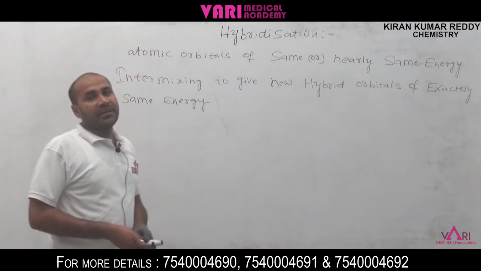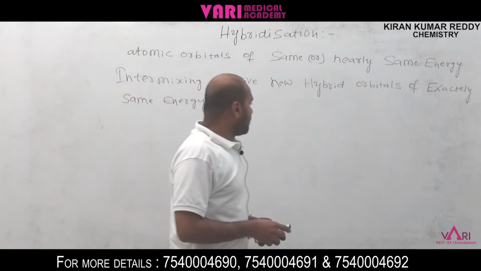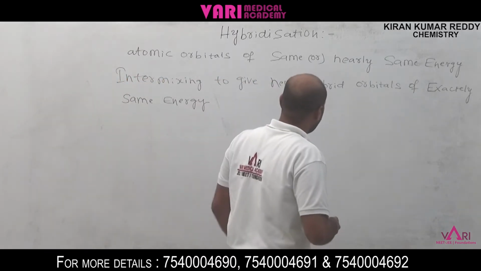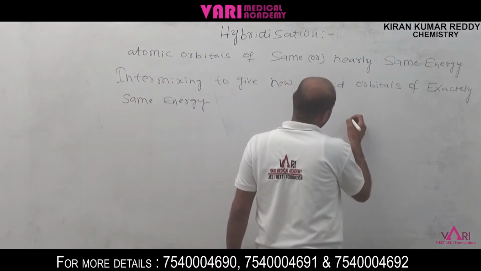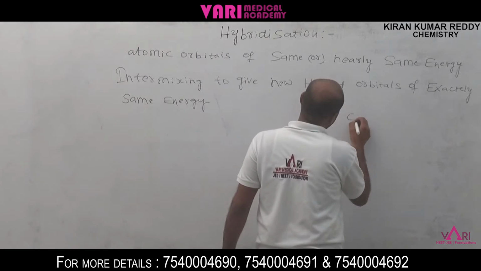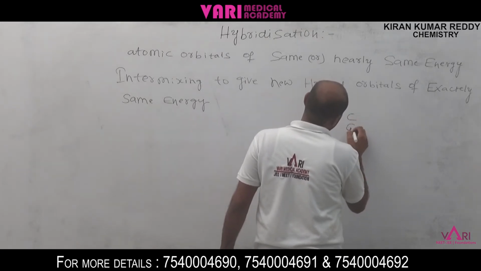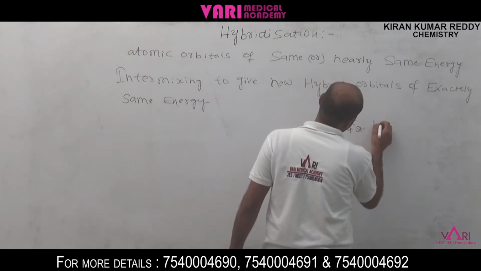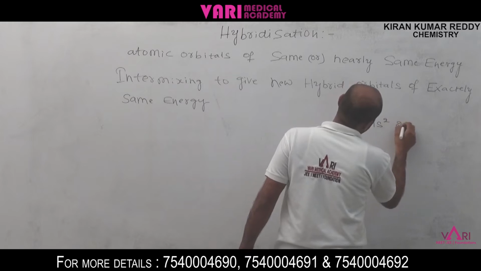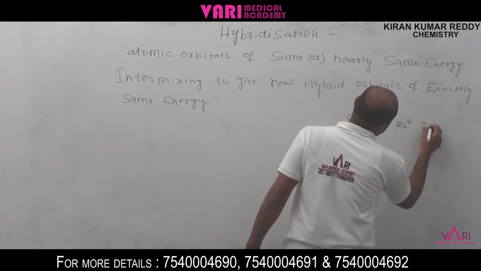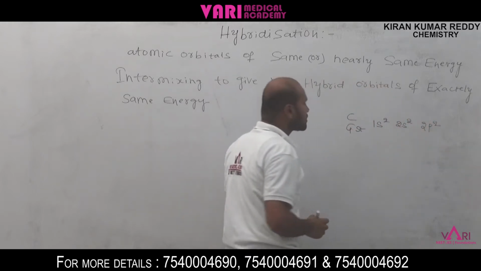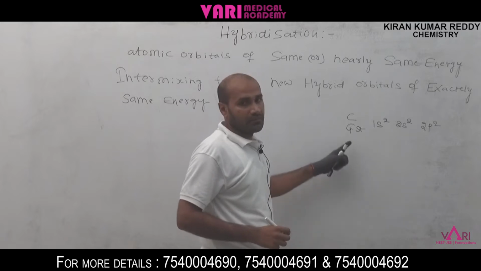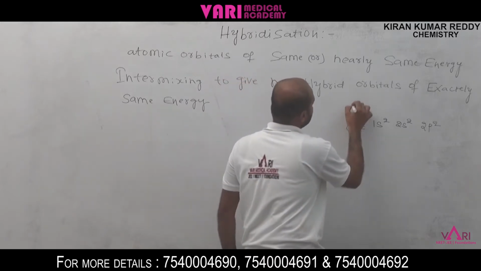In valence bond theory, the ground state electronic configuration of carbon is 1s2, 2s2, 2p2. This is the ground state electronic configuration of carbon according to the VBT.